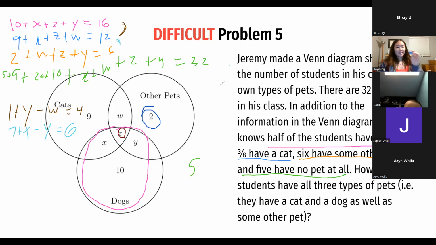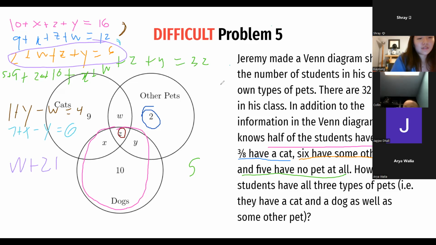Okay. So now I am going to turn this orange equation so that I move the 2 to the other side. So w plus z plus y now is 4 instead. So now I'm going to put this into the green equation.